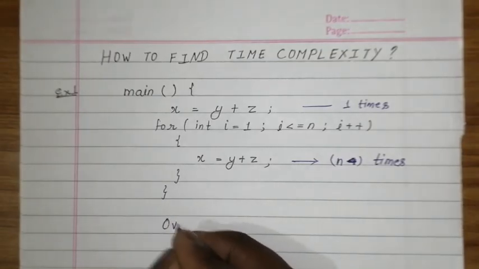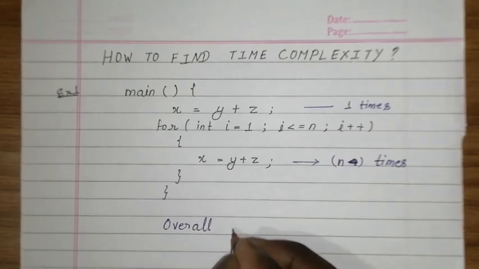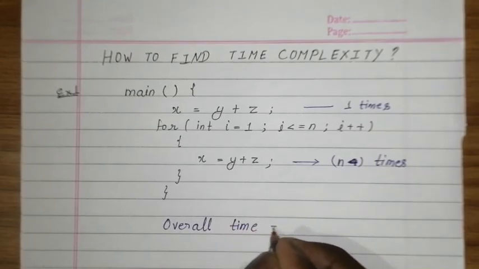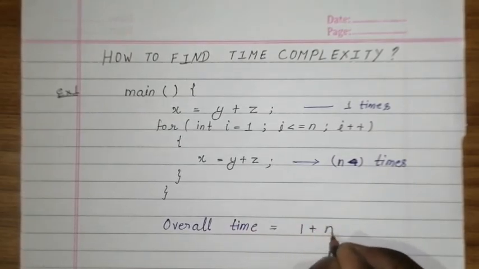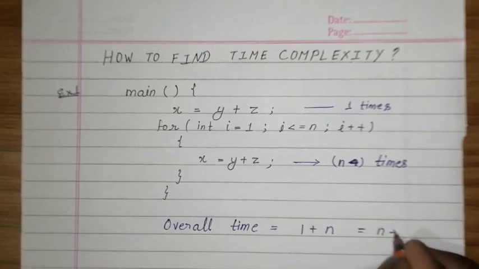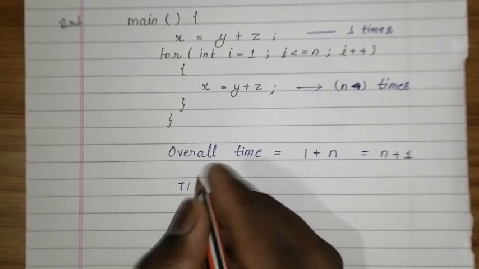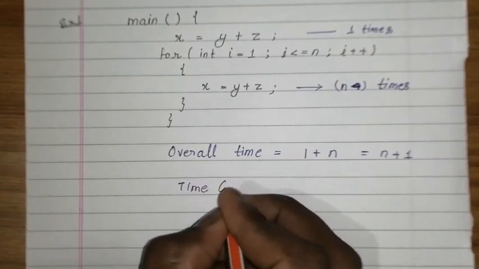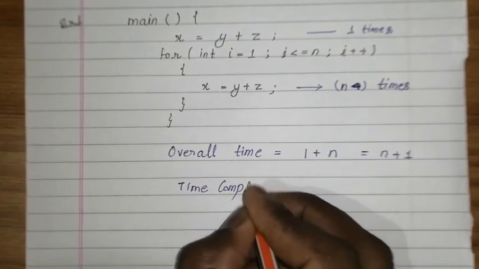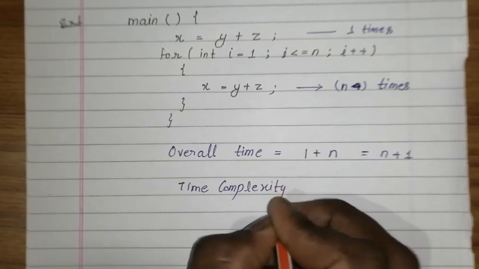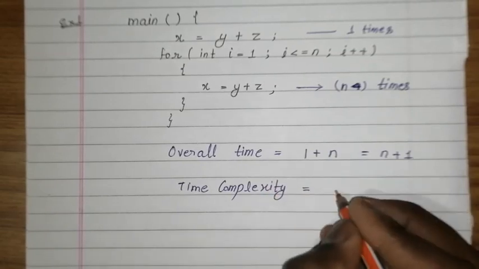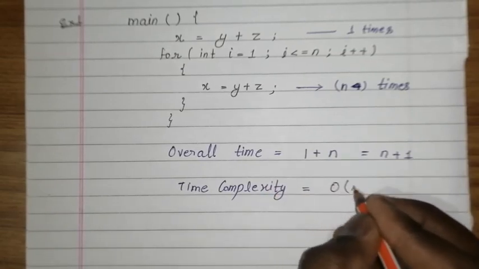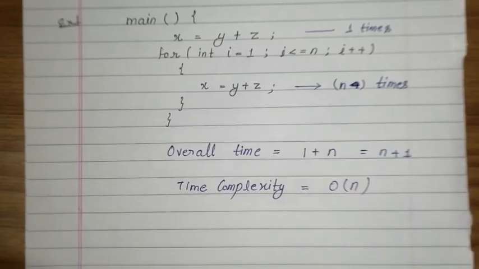So overall time is how much? 1 plus n, so it becomes n plus 1. So the time complexity of the program is big O of n, okay.